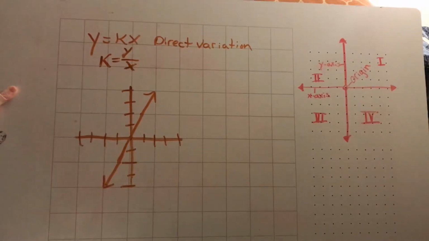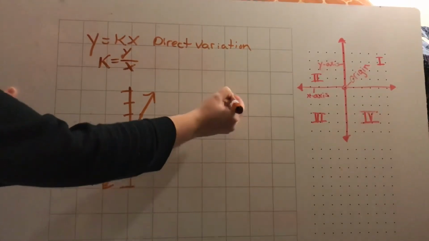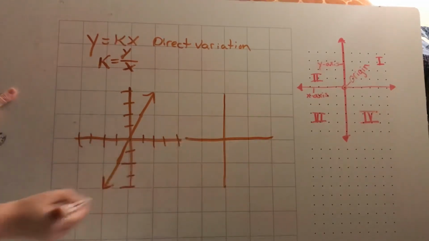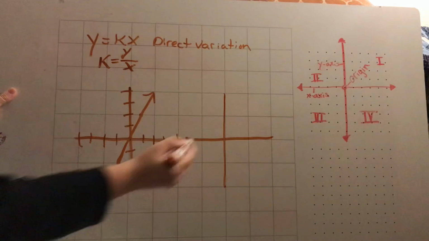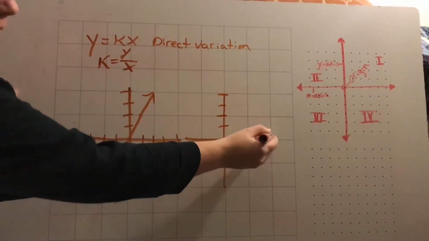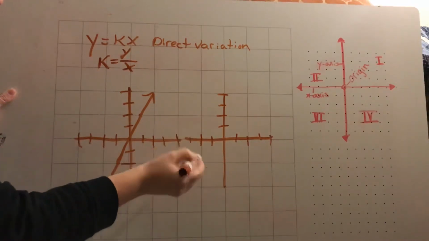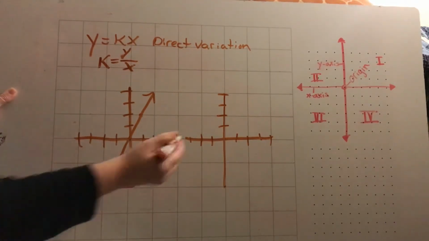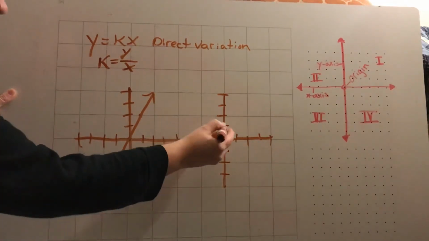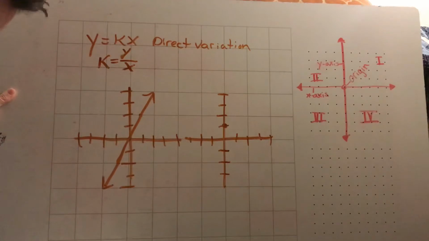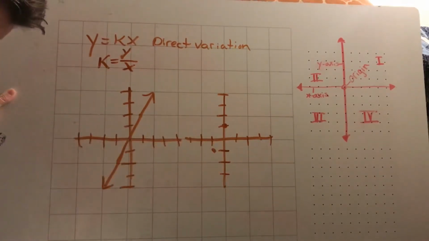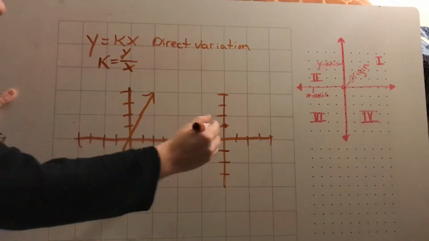Okay, and then our second graph is similar, except our points are slightly different. So our first point is here. And 1 on 1.